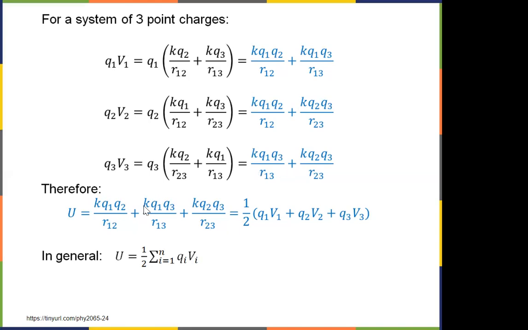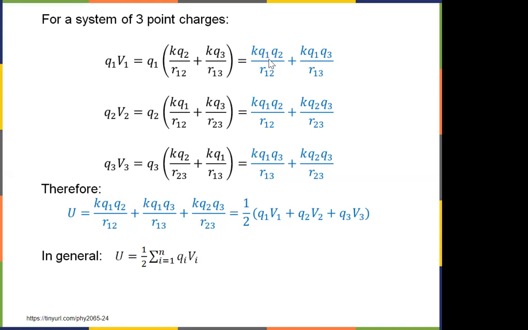So then U is equal to, as we derived in the previous slide, those three terms, which means one half of these three added up: Q1V1 plus Q2V2 plus Q3V3, because each of these contains two terms, and they are repeating.